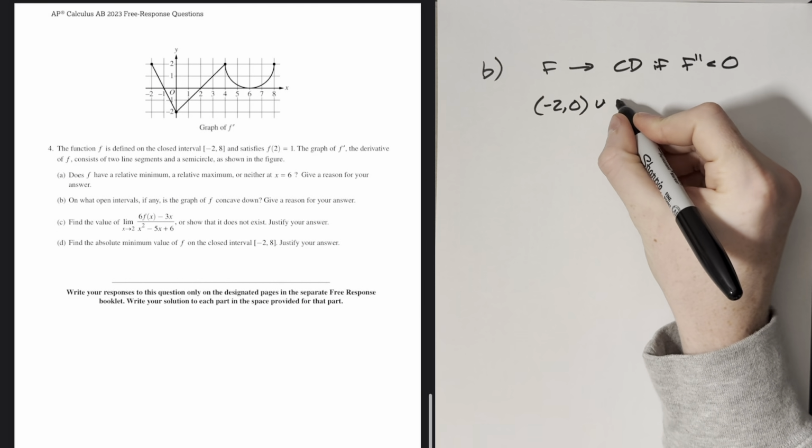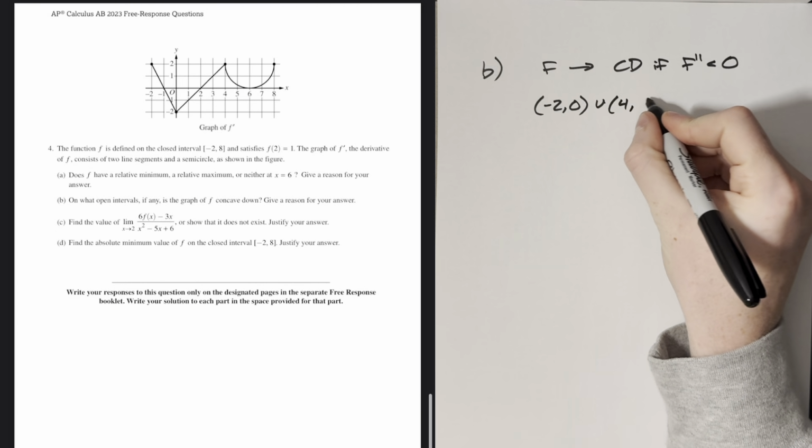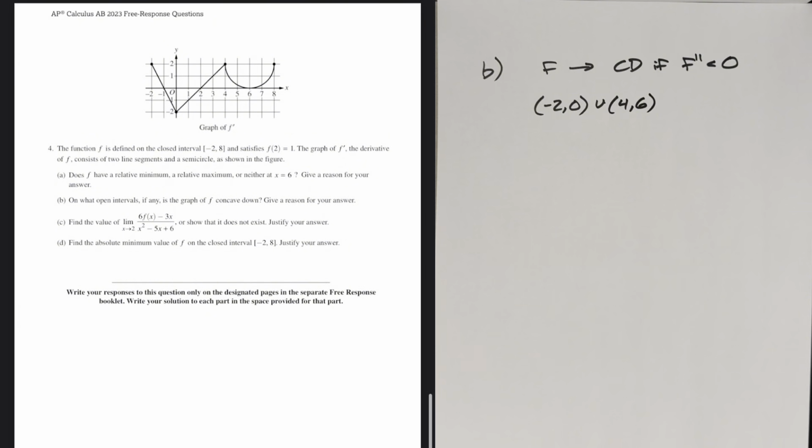But then at 4 and all the way till 6, our tangent line is negative once again. And then it's positive from 6 to 8. So because this is a graph of the first derivative, my slope of the tangent line is negative on these intervals. So therefore, our function is concave down. So that is our final answer for part B.